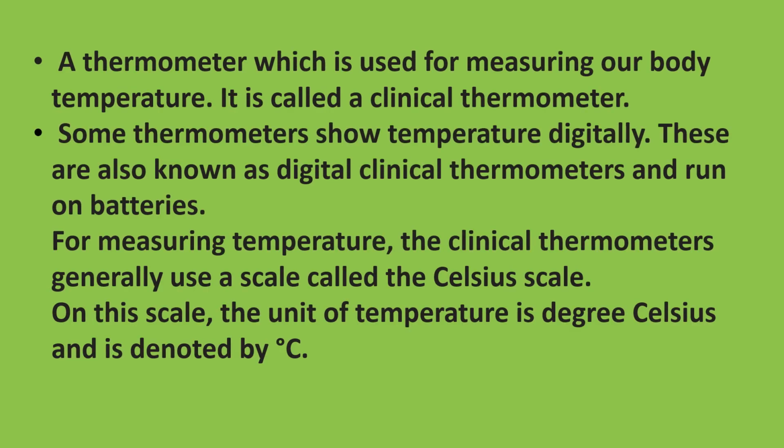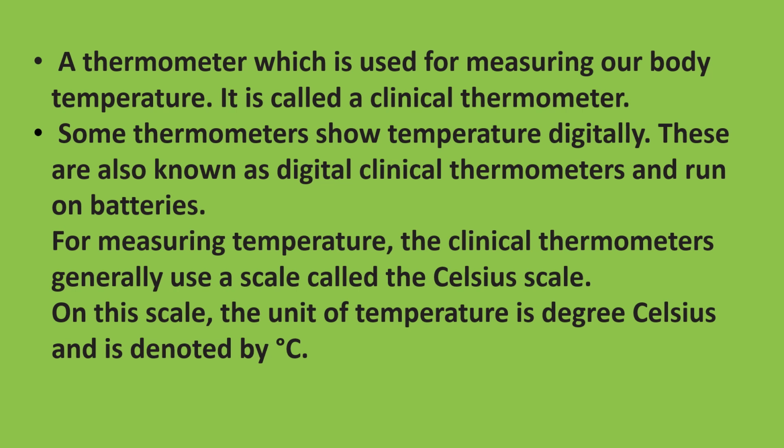A thermometer which is used for measuring our body temperature is called clinical thermometer. So this we have already understood, that the thermometer which we see at our home and which is used to measure our body temperature is called clinical thermometer. Some thermometers show temperature digitally. These are also known as digital clinical thermometer and run on batteries.